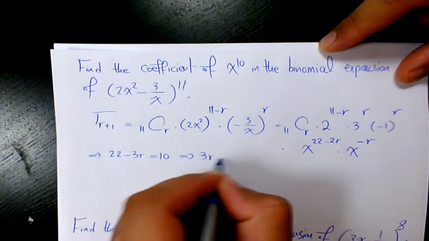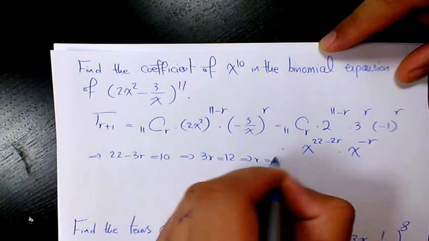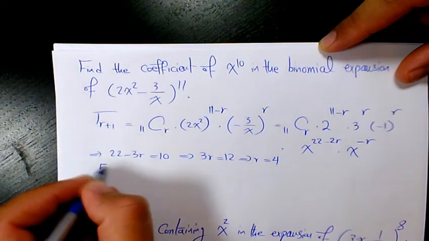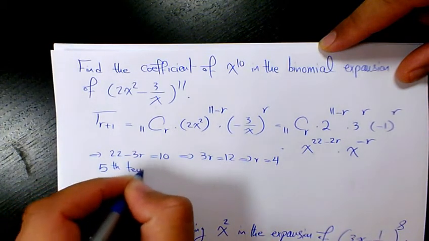So 3r equals 12, so r is 4. It means that we are looking for the fifth term.